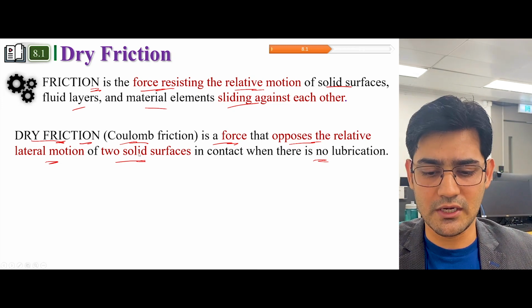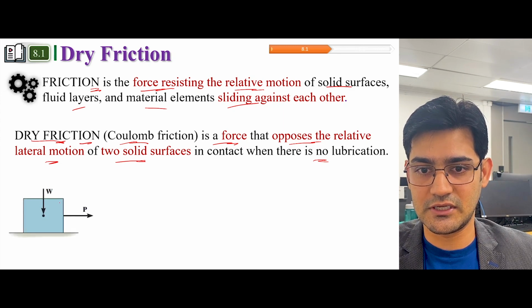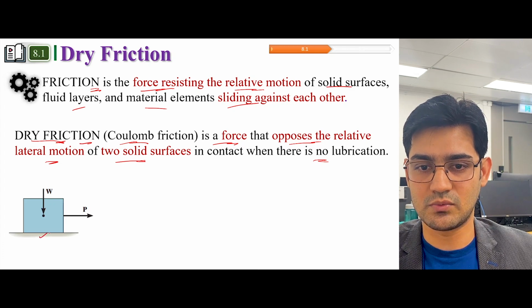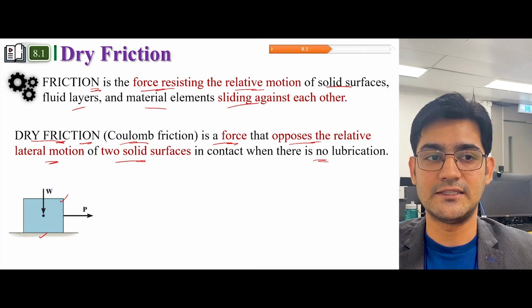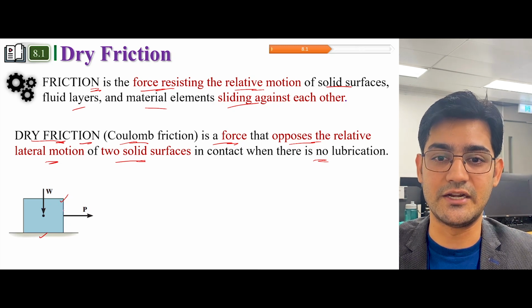Now, in order to understand this concept, let's think of two solid surfaces. One solid surface is this one and another solid surface is this one, and we want to investigate how dry friction originates and how we can quantify it.